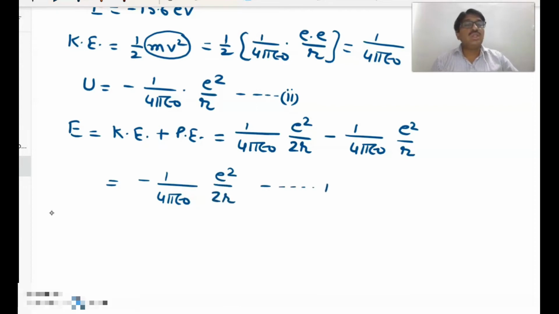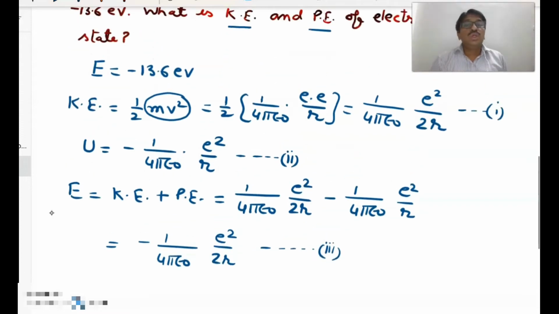We can consider it equation number 3. So after comparing equations number 1, 2 and 3, we can see the relation between kinetic energy and total energy.